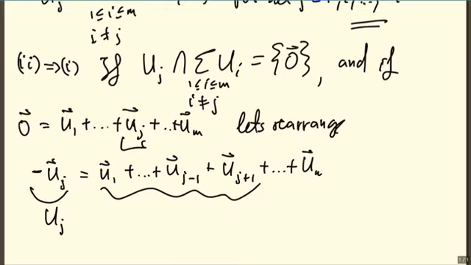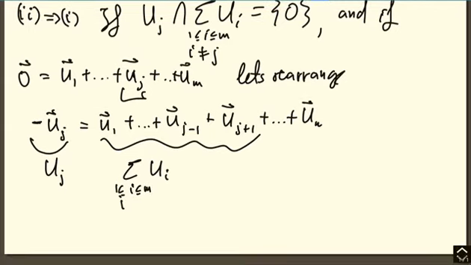And then this is in the sum of the subspaces ui from 1 to m, skipping the jth one, so i is different from j. So we have this in both spaces, because they are equal.